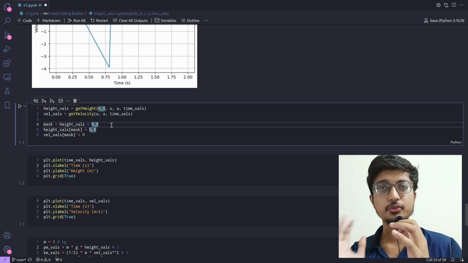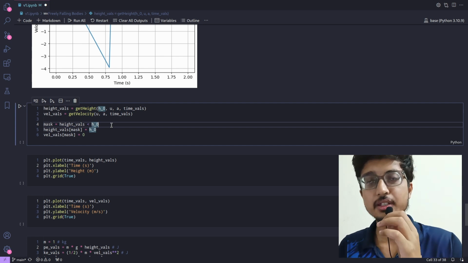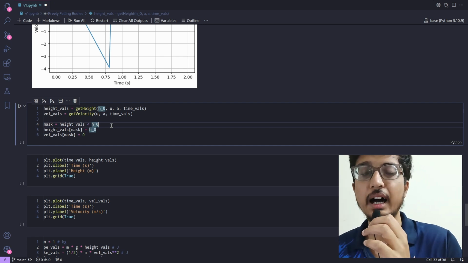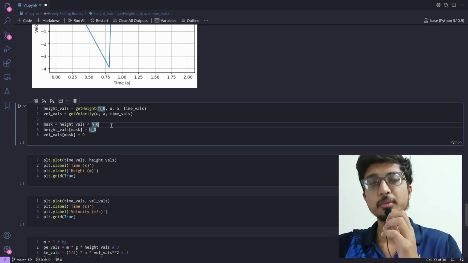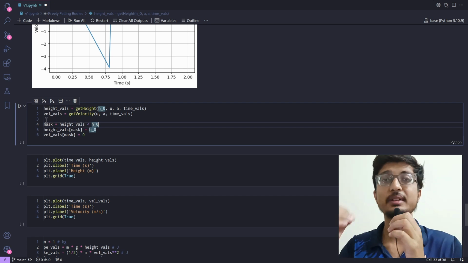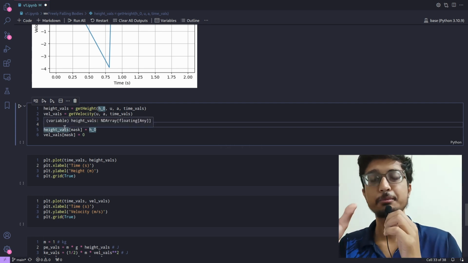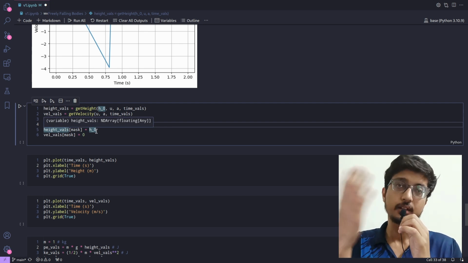So this array of true and false values I am storing in the mask variable, and then using this mask variable, I am again checking the height values and setting those true values to be the initial height, and for the velocity values I am setting it to be 0. So this is basically a shorter and better way of writing that if condition.